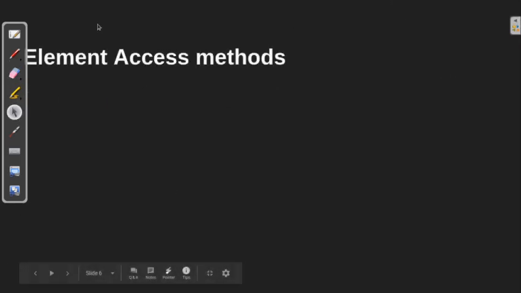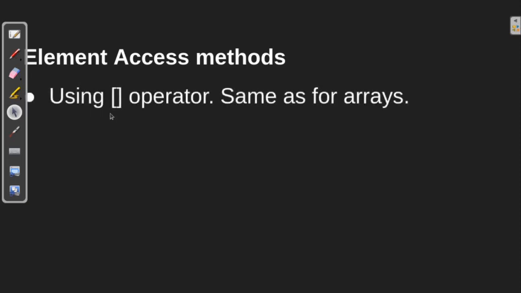Now we will discuss the element access methods. Element access methods are how we can access the elements. So we can use the traditional array operator, like these square brackets, and these are the same as arrays, using an index.